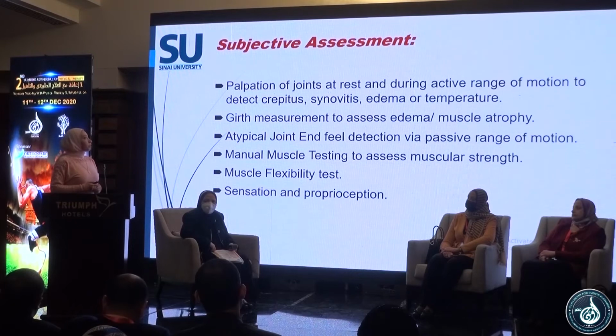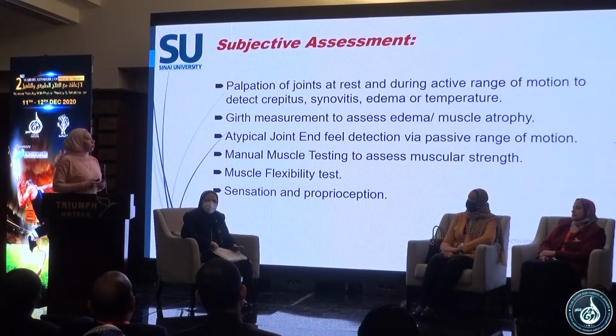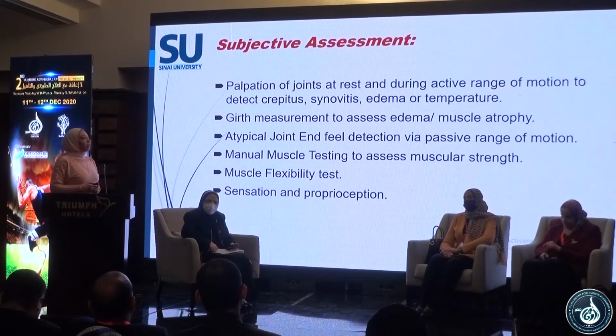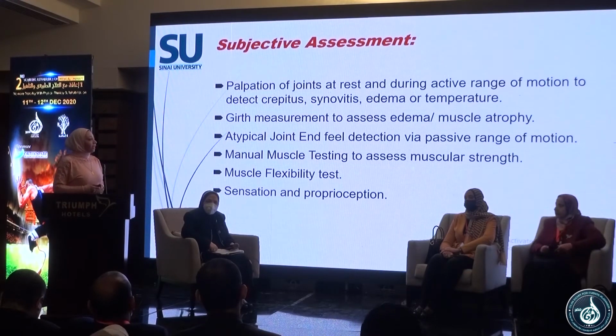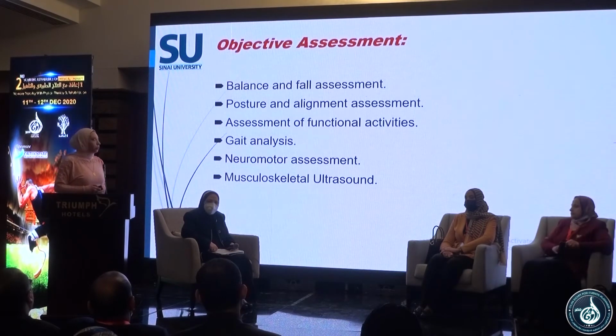First, for your subjective assessment, you must make palpation at rest and during active range of motion. See if there is any edema and see if there is any increase in temperature. Must take girth measurements for assessing edema and muscle atrophy. Also assess pain via passive range of motion, manual muscle testing, muscle flexibility test, and sensation and proprioception.